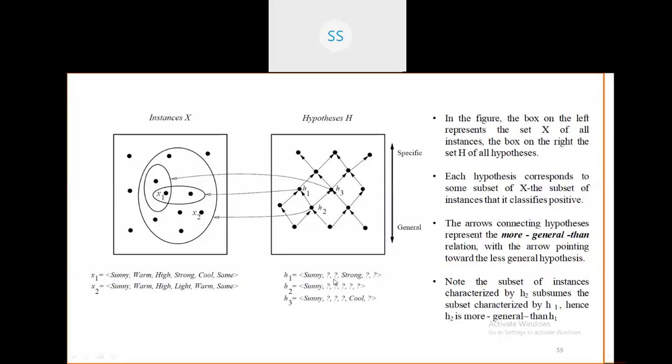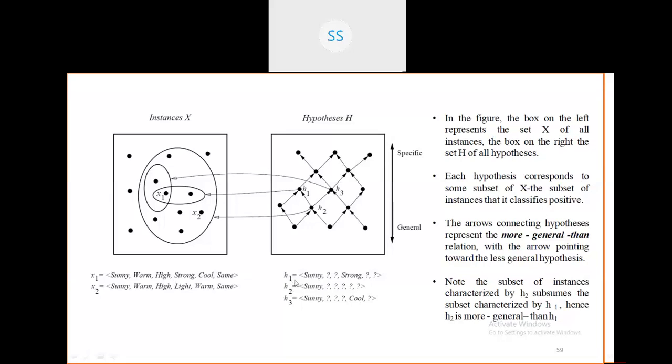H1 is sunny, anything, anything, strong, anything, anything. H2 is sunny followed by five question marks, and H3 is sunny, three general values, followed by cool and a general value.